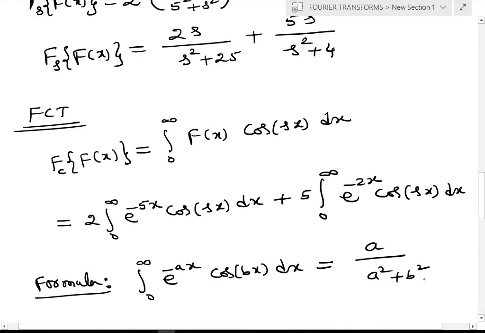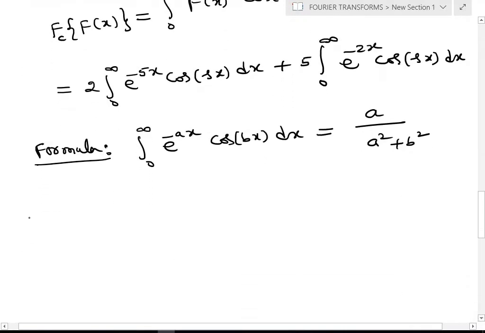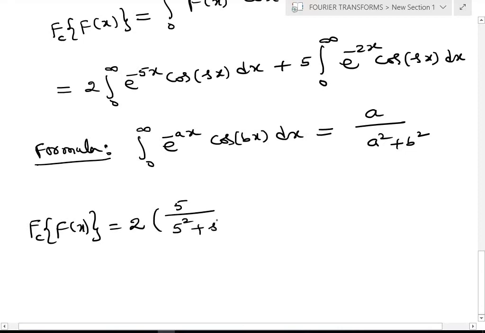So with this formula, the cosine transformation of the given function will become 2 into a, that is 5, divided by 5 square plus s square, plus 5 into 2 divided by 2 square plus s square.